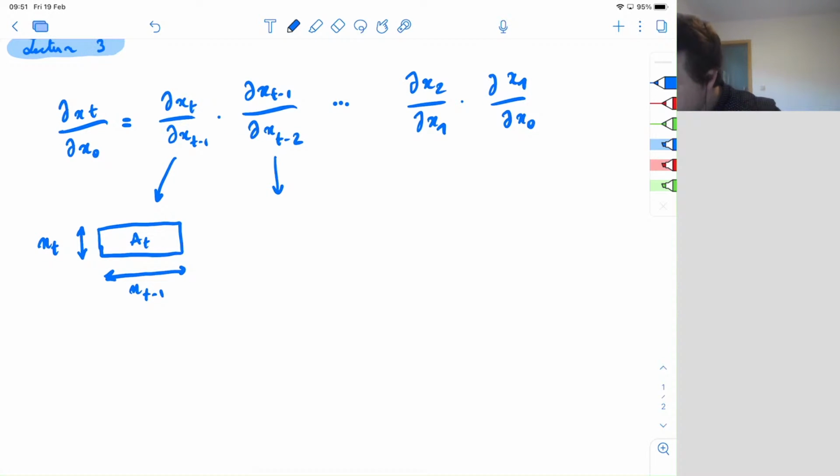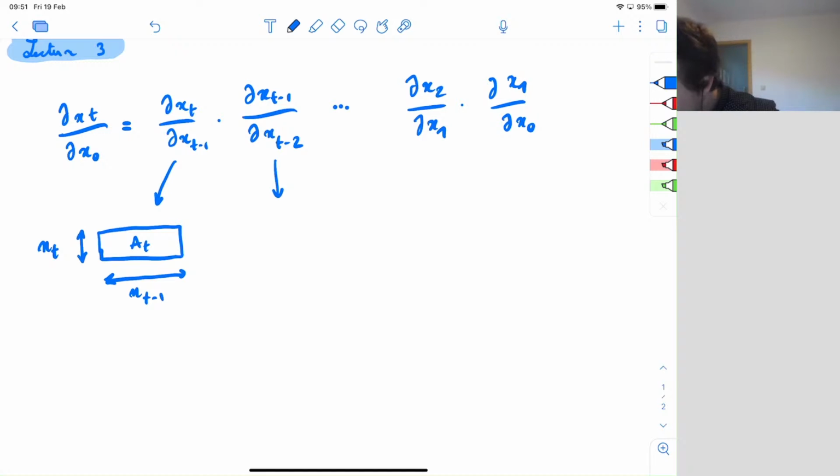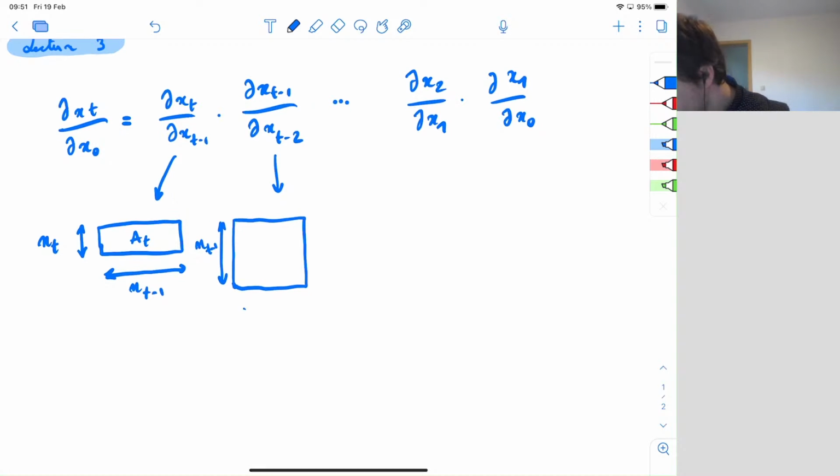Similarly, for this one, now we would have a number of rows which is equal to nt minus 1, and a number of columns which is another quantity, nt minus 2, and that would correspond to At minus 1.